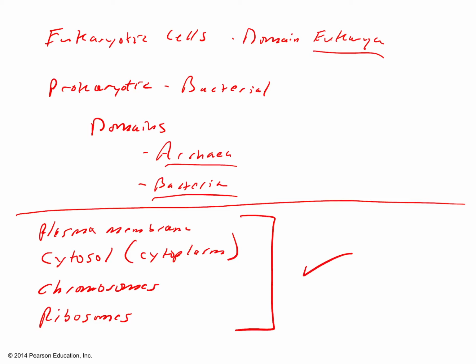All right, so what you're not going to see in a prokaryote is a nucleus. There's no nucleus. In eukaryotes, as we'll see, the nucleus contains the DNA. It separates the DNA of a eukaryotic cell from all the rest of the internal environment of that cell for very good reasons. Prokaryotes don't have a nucleus.